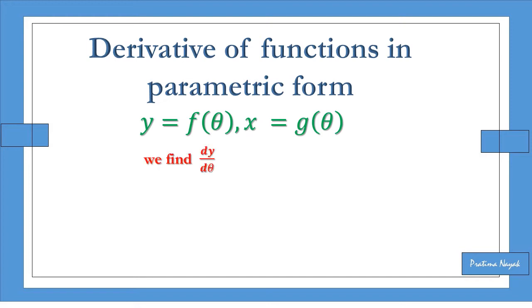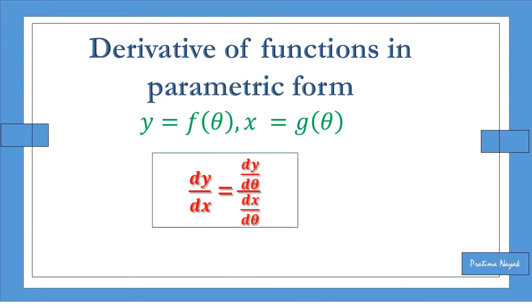We differentiate y with respect to theta, or we find dy by d theta. Then we differentiate x with respect to theta, or we get dx by d theta. Then we get dy by dx is equal to dy by d theta upon dx by d theta, this ratio. So this is the working formula for finding the derivative of functions in parametric form.